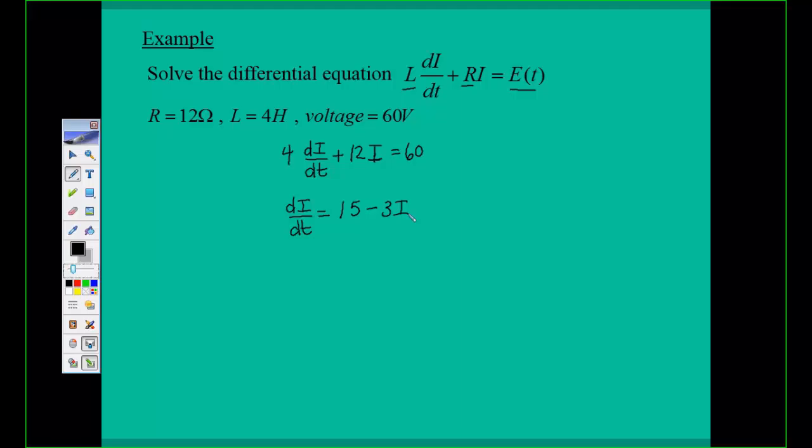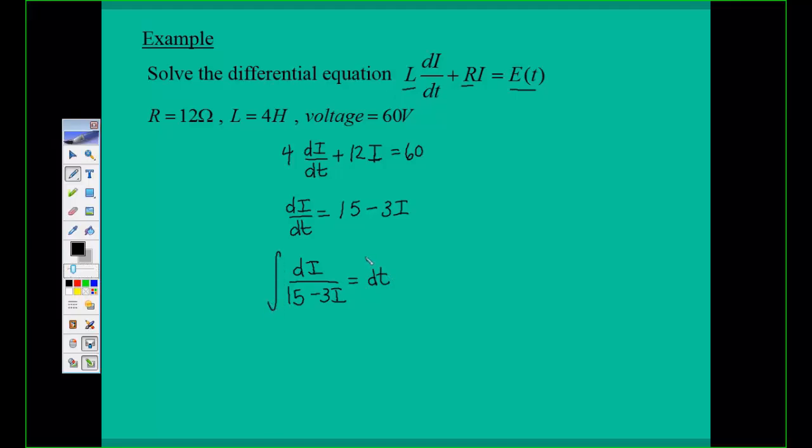Now at this point, it may not look like a separable differential equation. However, if we were to rewrite this in differential form, we could rewrite it as di divided by 15 minus 3i equals dt. Therefore, we are able to separate our variables and solve this differential equation.